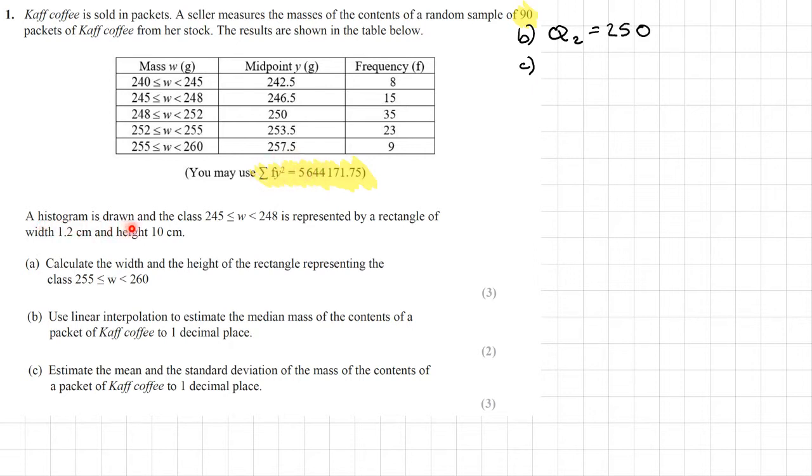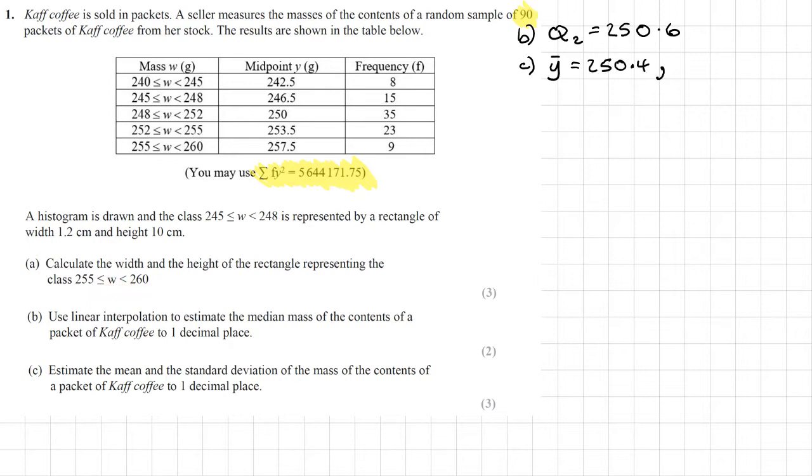A histogram is drawn with the classes 245 to 248 represented by a rectangle of width 1.2 and height 10 centimeters. Part A, calculate the width and height of the rectangle representing the class 255 to 260.